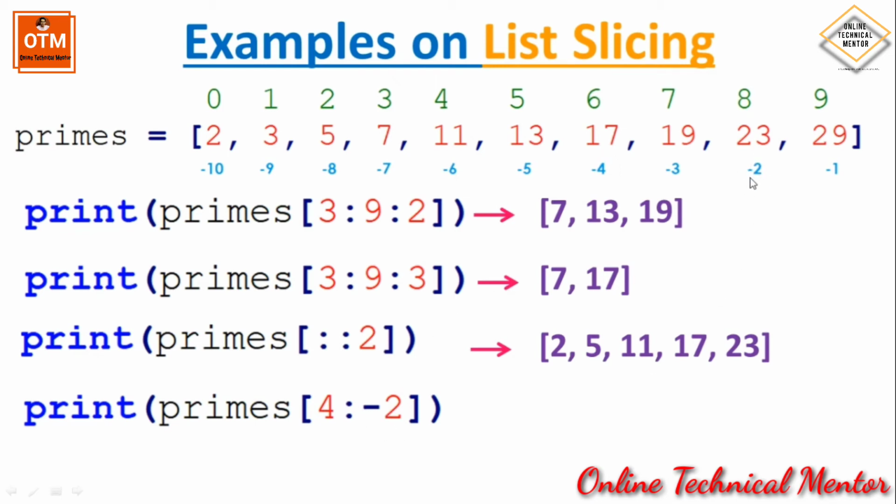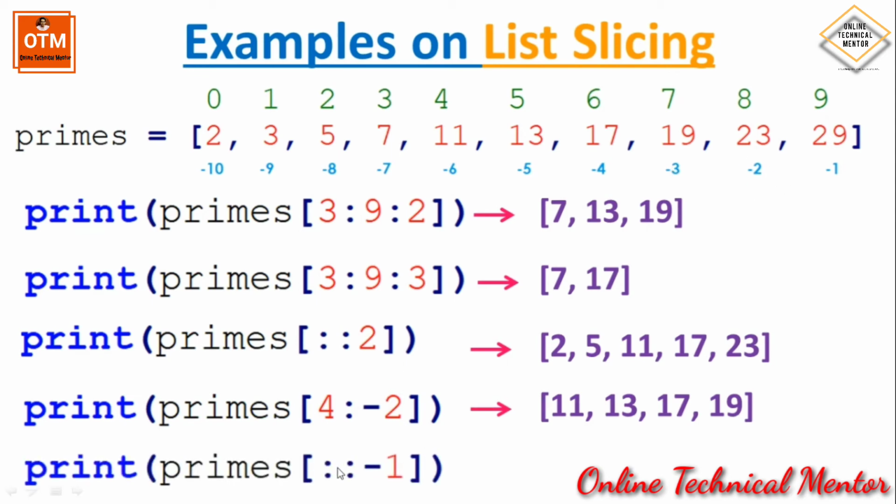So this is the minus 2 index, so it will stop over here, that is minus 3 index, that is 19. So it will start extracting from 11 and end up to 19, that is 11, 13, 17 and 19 will be its output sequence. Whatever may be its stop index, it will end before the given stop index.